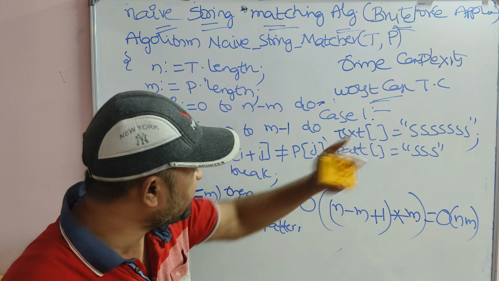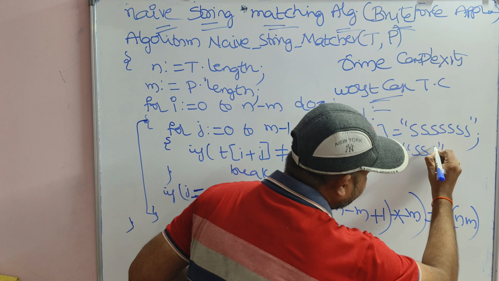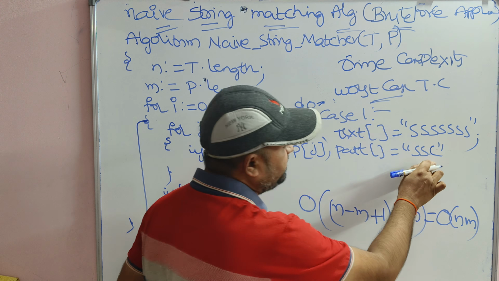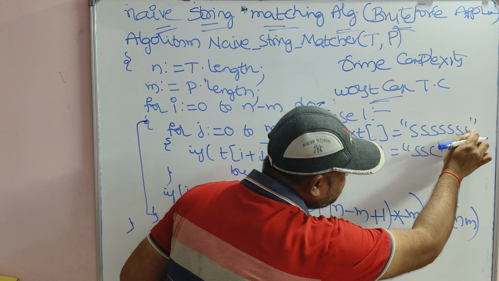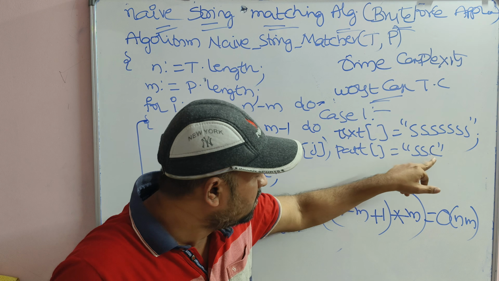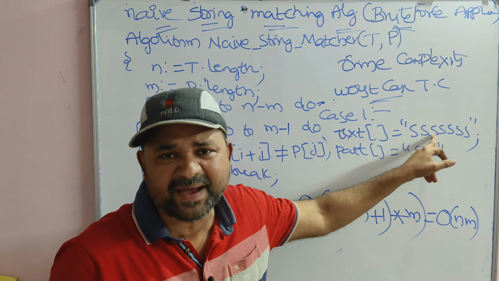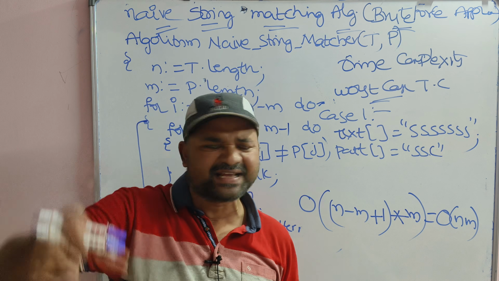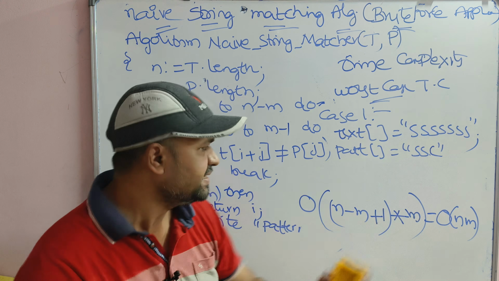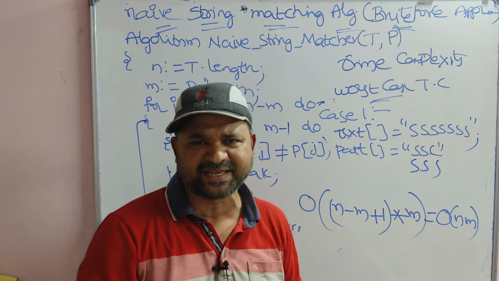So this is case 1. Now let's see case 2. Case 2 means the last character of the pattern doesn't match with the text. So here also what will happen? S S match, S C doesn't match. Here also in each iteration we require 3 comparisons. In the previous case also, what was the previous case?